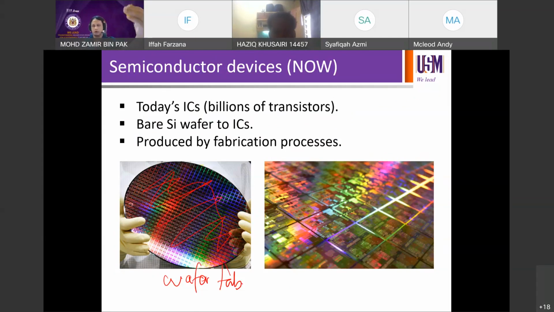Before that, the supplier will do all the ingot growth, the slicing, and measuring the spec and everything. Then a wafer fab like Silterra will receive wafers from the wafer supplier in the form of bare silicon wafer, and then convert the bare silicon wafer into integrated circuits eventually.